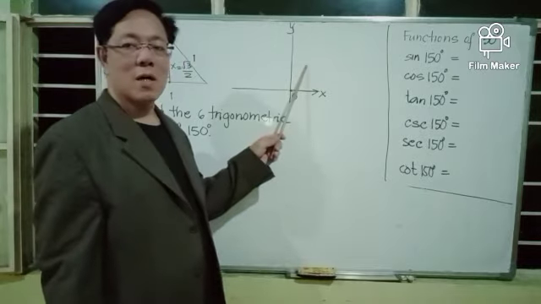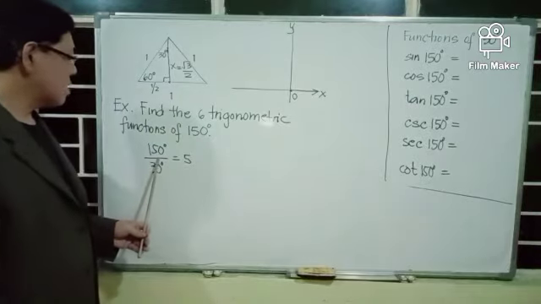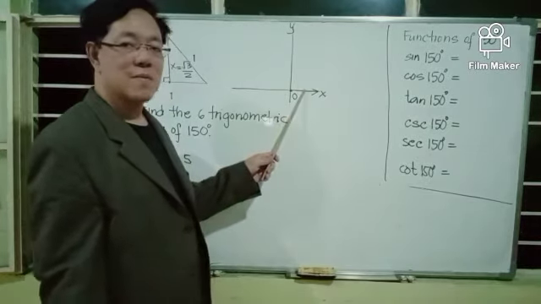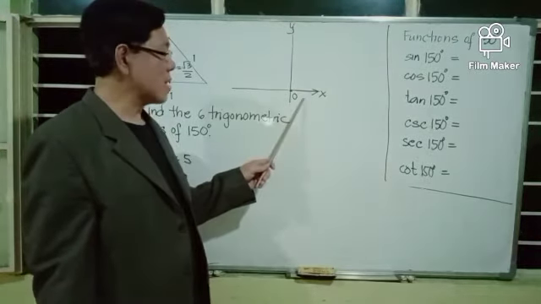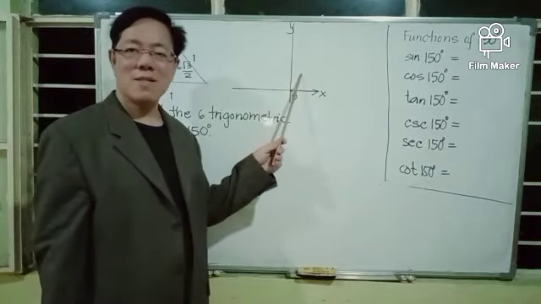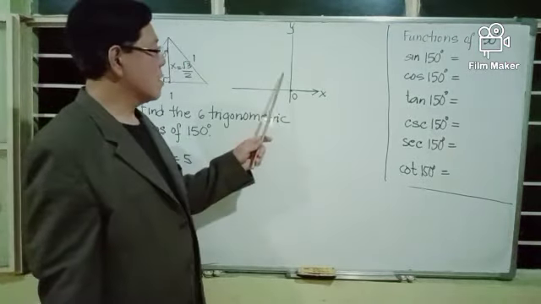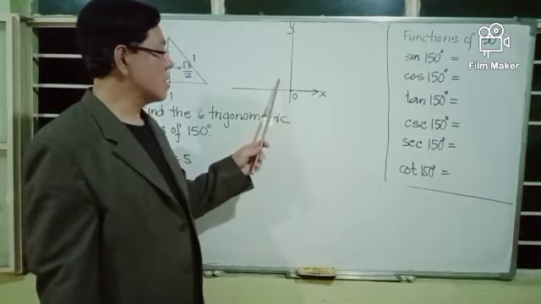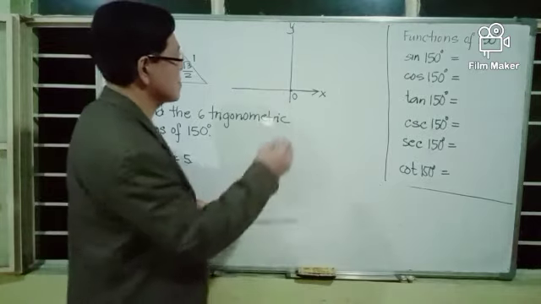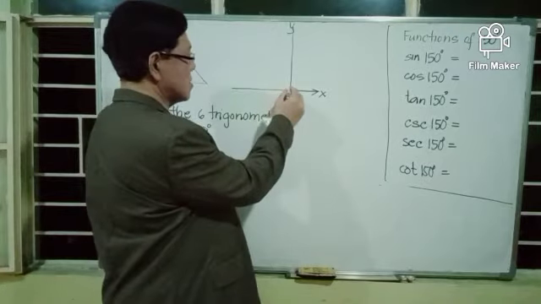In the first quadrant, there are 3 30-degree angles. And 150 degrees is a positive angle, so we measure it from its initial side on the positive x-axis in the counterclockwise direction. Again, the first quadrant contains 3 30-degree angles, but we need 5. So we take 2 more 30-degree angles from the second quadrant, and the terminal side would be this.